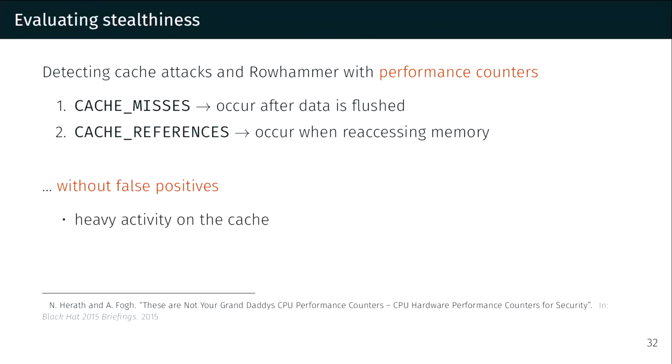These cache attacks have a very heavy activity on the cache, but they're also very particular because they are very short loops of code. If you take Flush+Reload, it's just flush one line, reload the line, and then again flush, reload. That's a very short loop, and that creates a very low pressure on the instruction TLB, which is kind of particular to cache attacks.